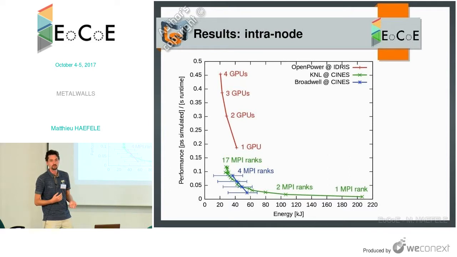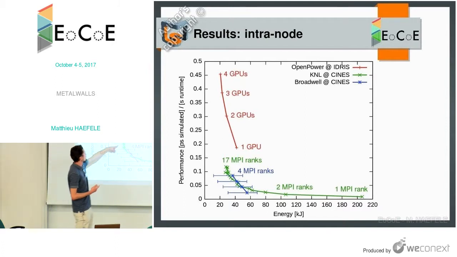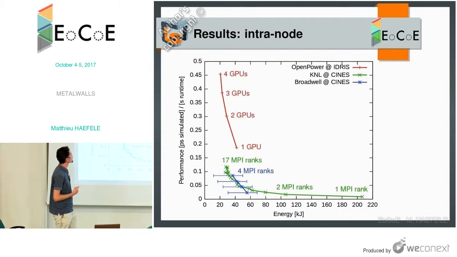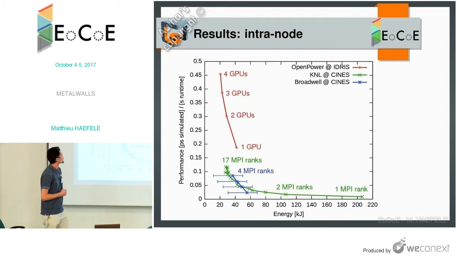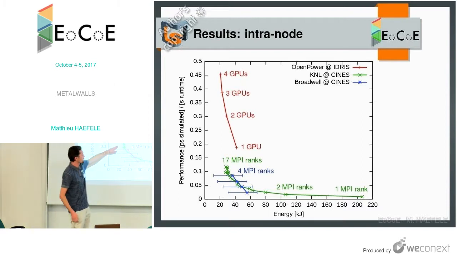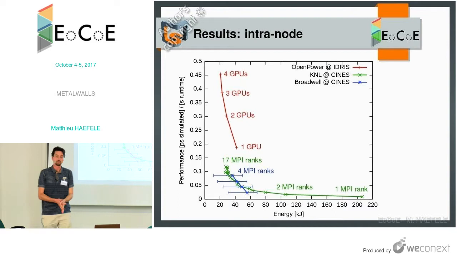That's why you get a super linear scaling here. Anyway, you see that in terms of performance, GPUs are much better than a full node of KNL and a full node of Broadwell. In my case the KNL is faster, so you have better performance with the KNL system than the Broadwell one.